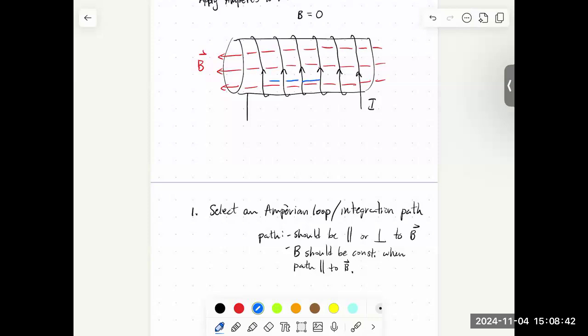Yeah, so I've got my magnetic field, which I know has a horizontal component to the left. So my path is going to have part of it at least be parallel to that magnetic field. All right. Now I need to make it a closed path.